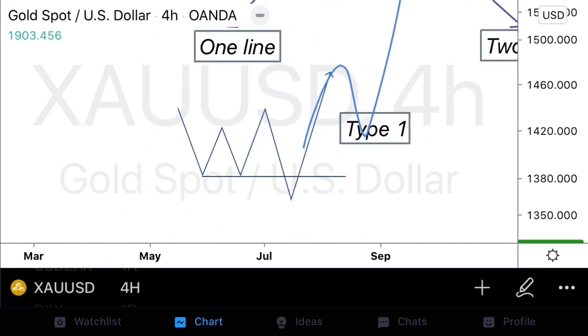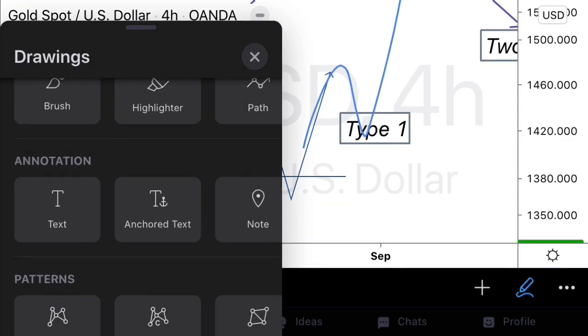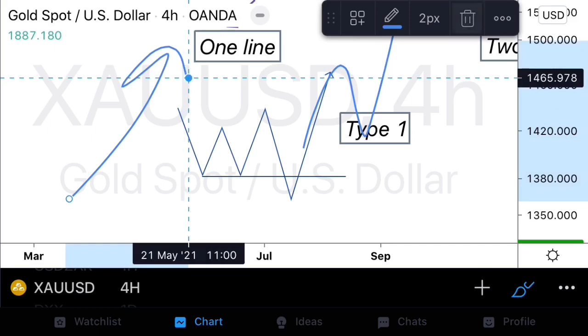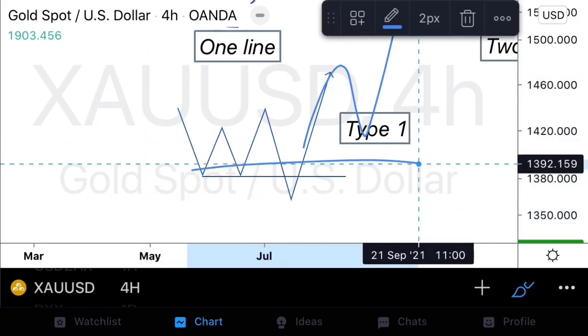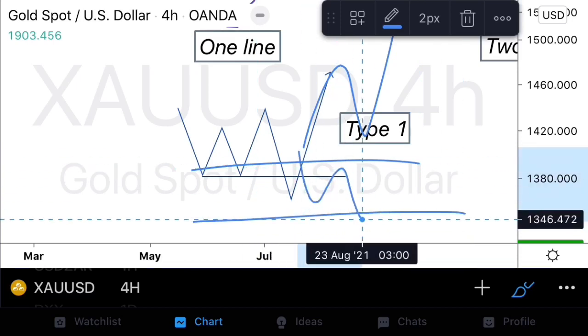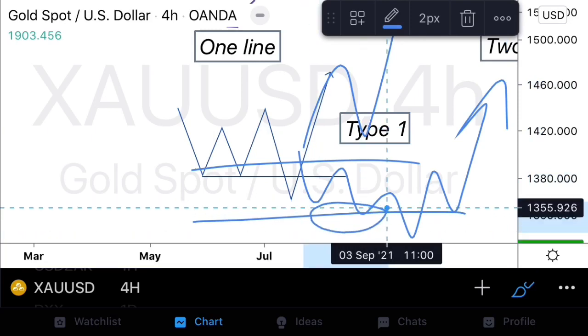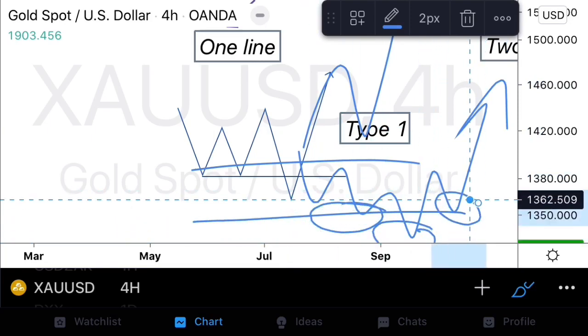We know that obviously a one line setup, we'd find these when the market is aggressively reaccumulating. So when we're in a strong trend. If we're in a weak trend or the market is actually decelerating to the downside, we'll find a two line reaccumulation or redistribution or whatever the case is. But we'll see our lows being established, those lows being violated, and on the higher lows, that's where we look to get in.